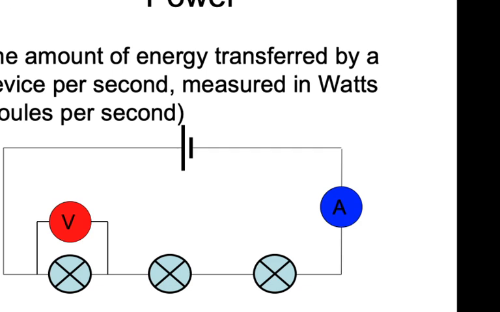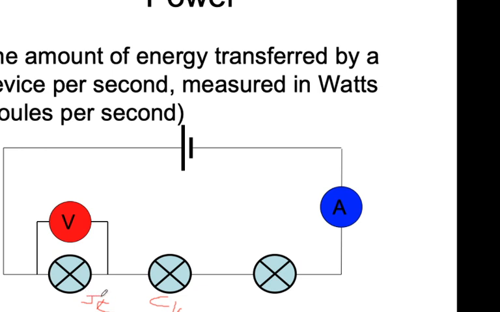This one's pretty simple. Power is voltage times current, right? Because if we break up their units, this becomes pretty intuitive. Voltage is joules per coulomb. Current is coulombs per second.